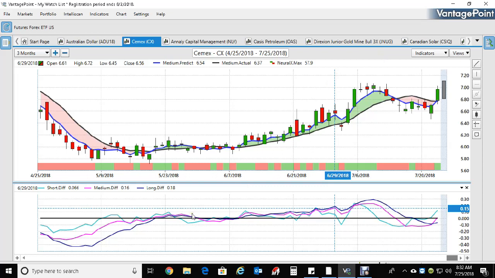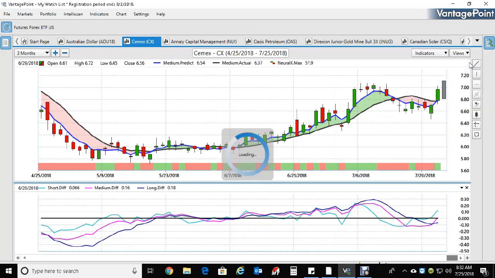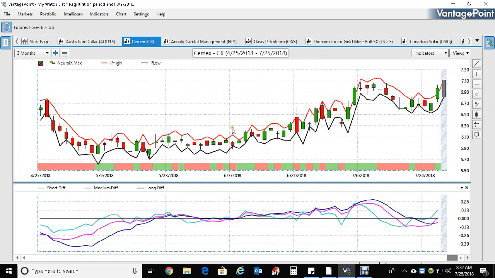So then, after we find this opportunity and we qualify it, we're going to come to your predicted high and predicted low. And here, your red line is your predicted high, and your black line is your predicted low. How did you get that? I know you clicked somewhere.